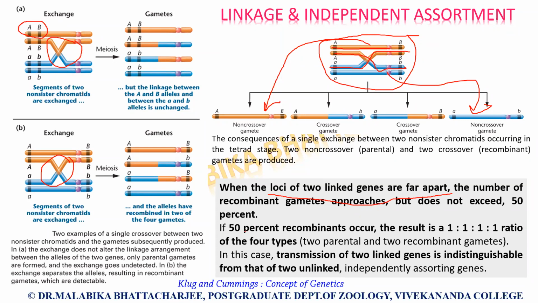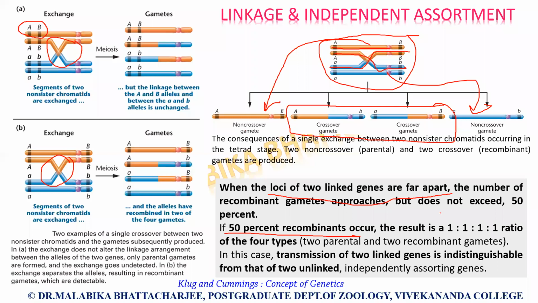So if we observe 50% recombinants, these were the crossover gametes, and we get 50% of crossover gametes and 50% of non-crossover gametes, then we have to assume that the result is 1:1:1:1, 2 parentals and 2 recombinants.